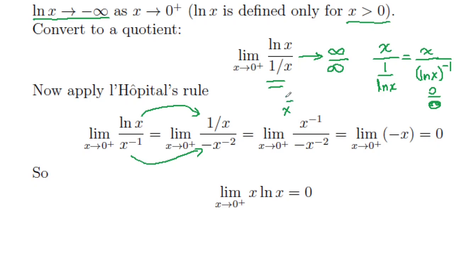I take x to the negative 2 to the numerator, it becomes x to the positive 2, and then I can combine the powers. 2 minus 1 is 1, so I'll be left with just x. And the negative sign, of course, comes from the fraction. The limit of x as x goes to 0 from the right is 0. And that gives us the answer: the limit of x times ln of x as x goes to 0 plus is 0.